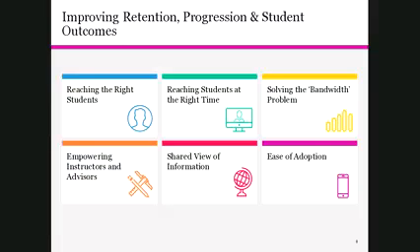And of course, being able to tackle those students at the right time means that you can focus on the right people. It's also about empowering instructors. If you bring people together to help the students, then you can increase the efficiency. It's also about providing a shared view of information across the courses and obviously providing ease of adoption.